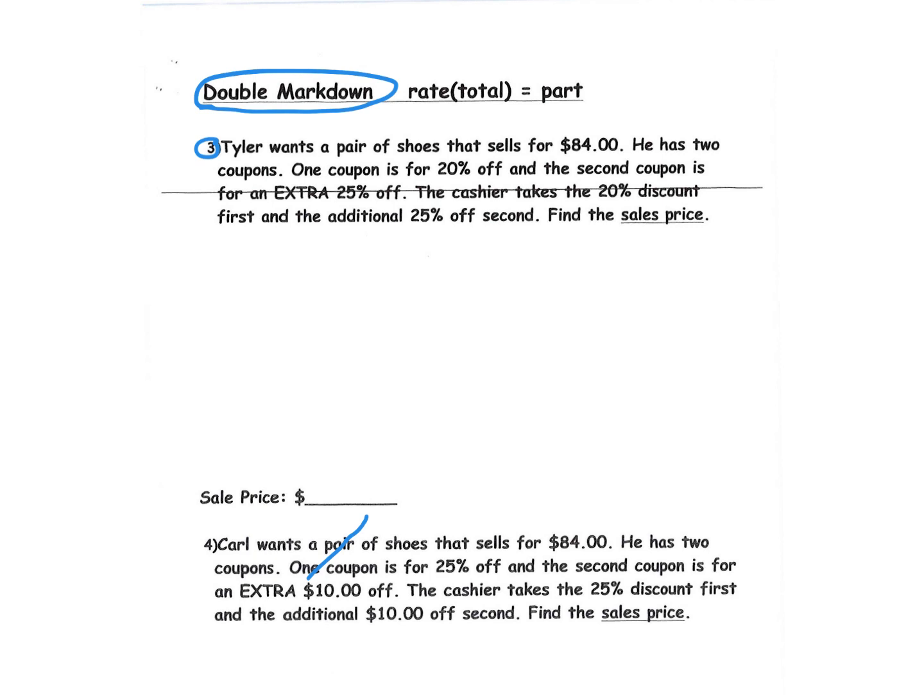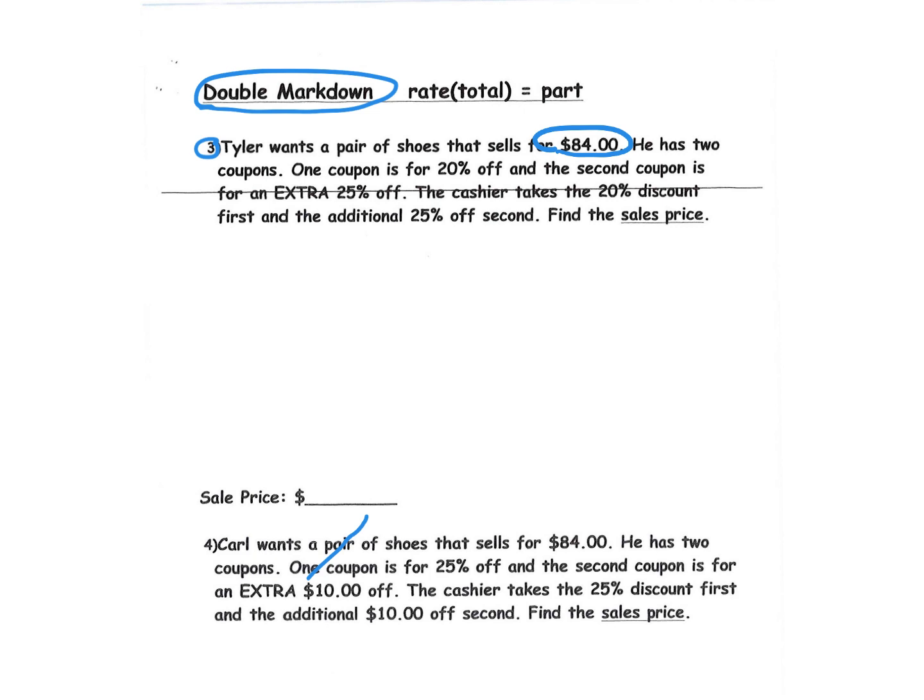In this particular problem, there are 2 coupons that need to be applied, so we will be marking down the price twice. Let's read together. Tyler wants a pair of shoes that sell for $84. He has 2 coupons.